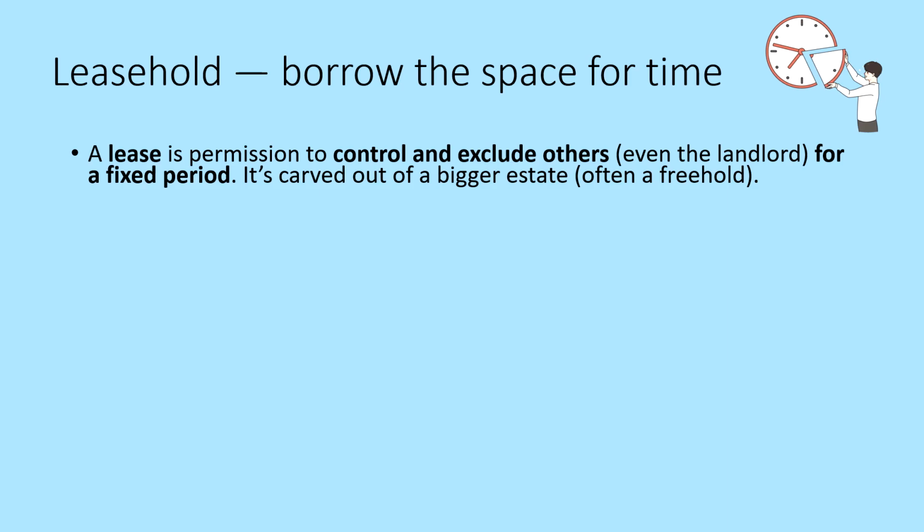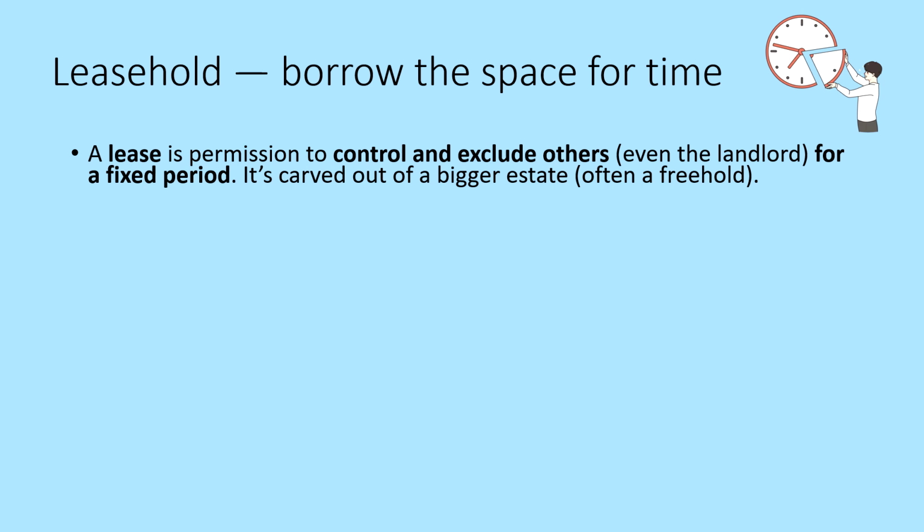That's what I mean by being carved out of a bigger estate. Just think of it as some kind of hierarchy where you've got the Crown on top, then you've got freehold owners, then leasehold owners, then maybe people who just have a license or something like that. So there's a hierarchy.